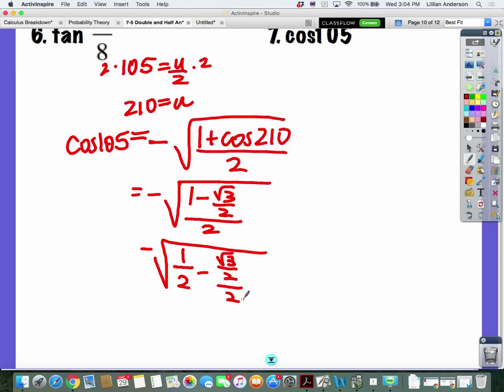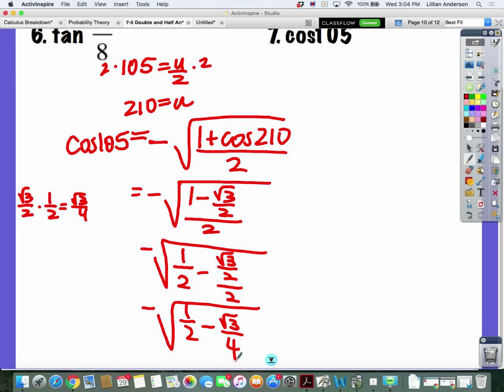Now, I can keep, change, flip with just this part. Keep, change. When I flip 2, what does that turn into? So that is the square root of 3 over 4. So I have a negative square root of 1/2 minus square root of 3 over 4.